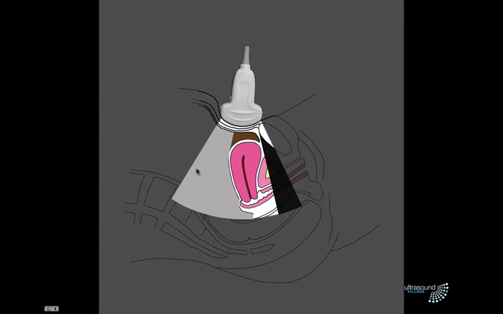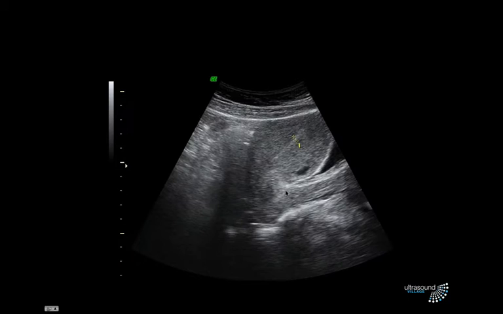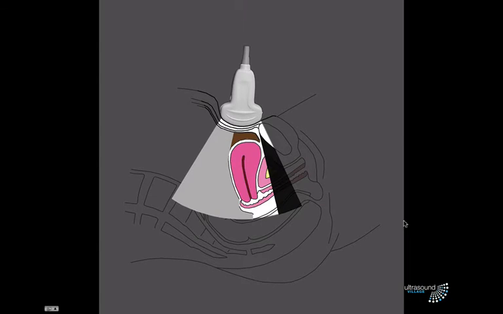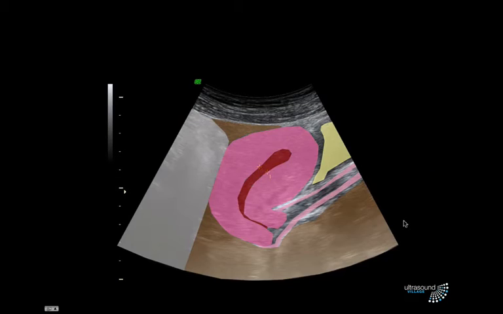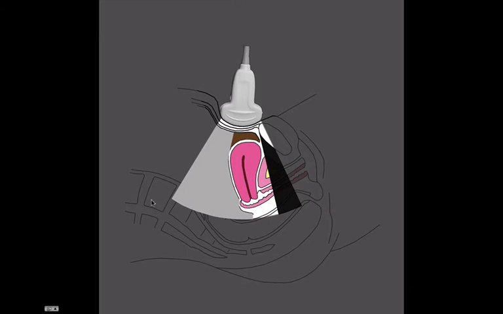So here it is again, and there is our equivalent image of the empty bladder. Uterus, endometrial stripe, cervix, vagina, bladder, bowel, bowel gas, and anterior abdominal wall.